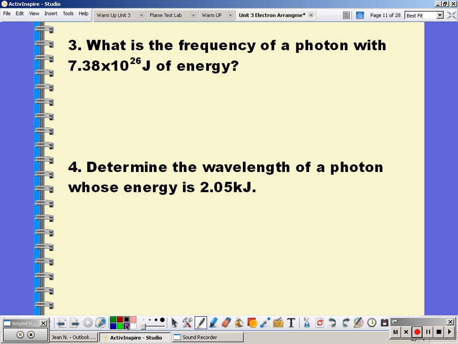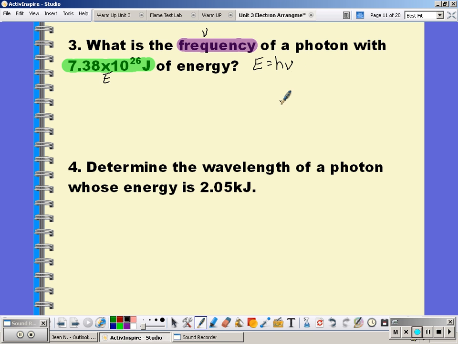In number 3, we're given energy. I know that this is energy because it has the unit of joules and it says this number is energy. The energy symbol is E. I'm looking for the frequency, and frequency is the nu symbol. So the equation that has both energy and frequency in it is E equals h nu, or Planck's equation.